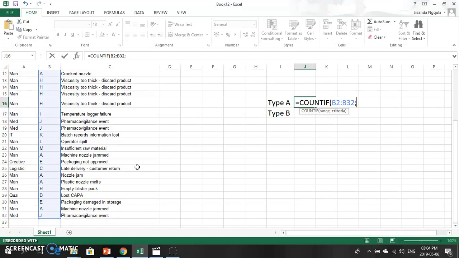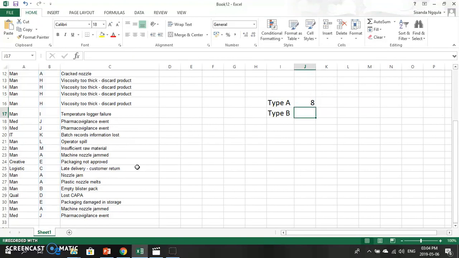After selecting my range, it prompts me to input my criterion, which is the type of problem that I want. Remember to use inverted commas for any letters or complex operation. The final answer is 8. This means there are 8 problems the company is facing due to nozzles.